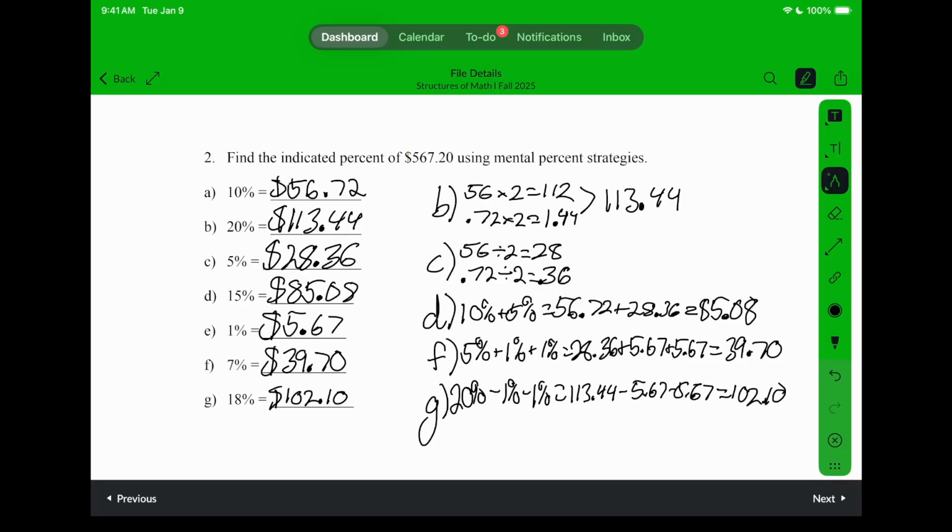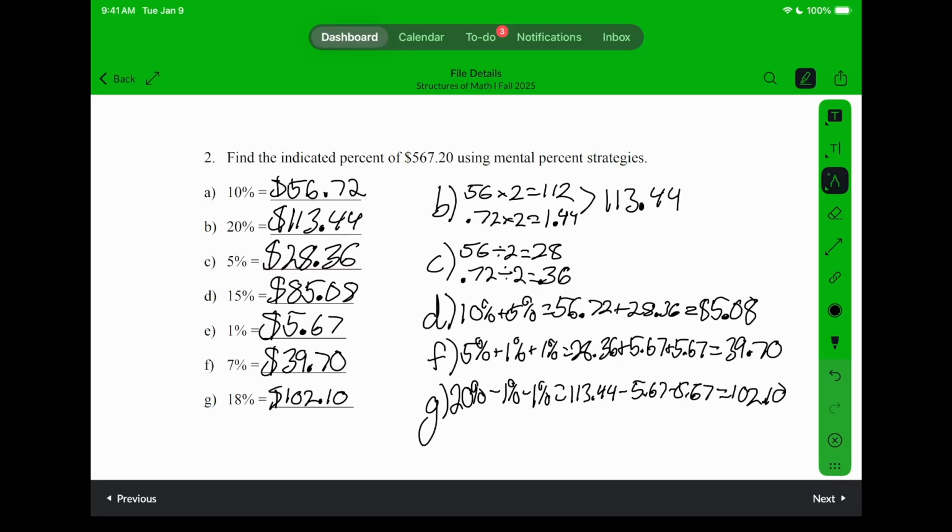For 7%, I did 5% plus 1% plus 1%. You can also do 10% minus 1% minus 1% minus 1%. And then for 18%, I did 20% minus 1% minus 1%. You could also do 15 plus 1% plus 1% plus 1%.